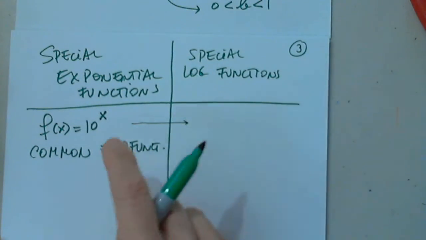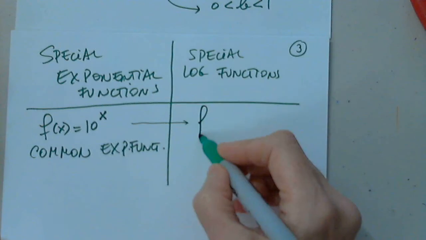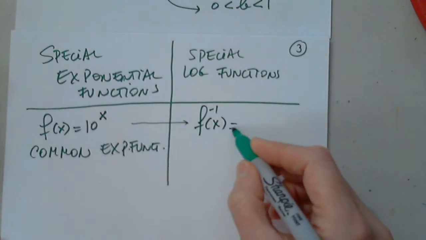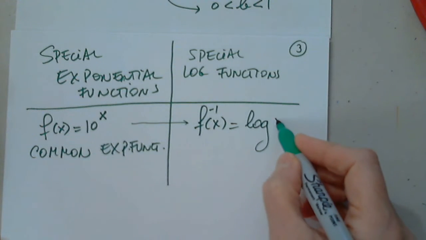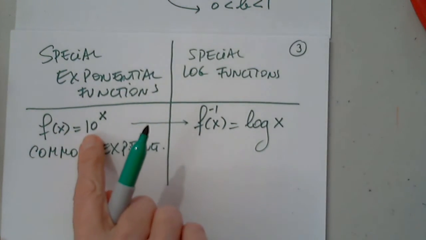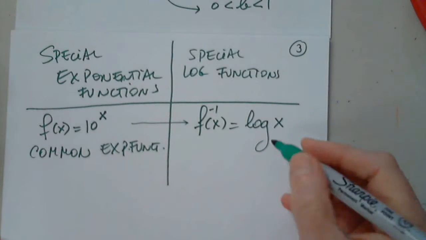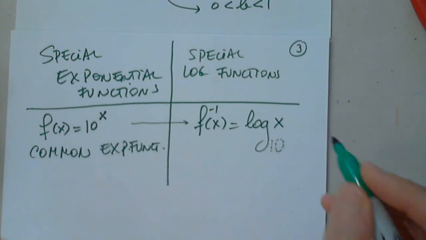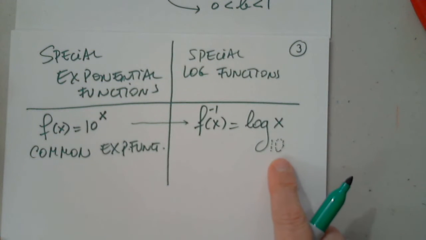Of course, it has a correspondent. So the f of x, that is the inverse function of that, is denoted by log x. And you can say, what is your base? By convention, we do not write the base 10, but you know it's there. So every time you do not see a base, you have to think that it's 10.